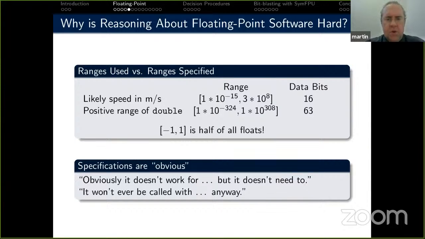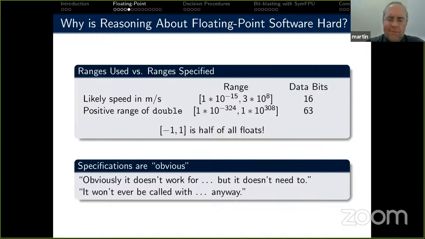Say you've got some code to verify, and it's got a double in there, and the variable's called speed, because it's a self-driving car or something. And you know that this speed is always positive.